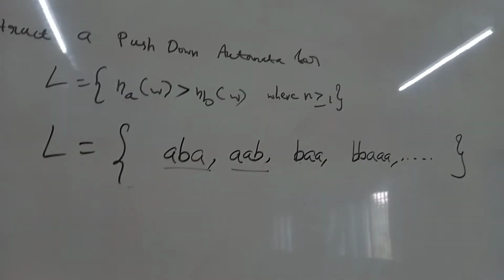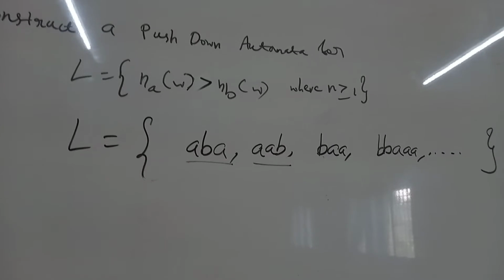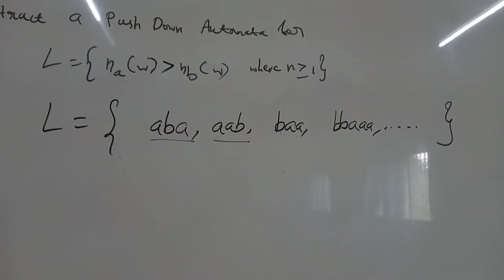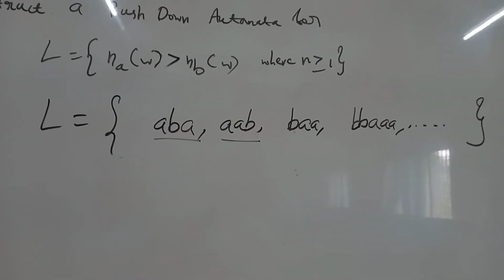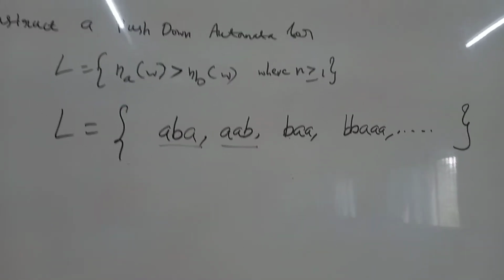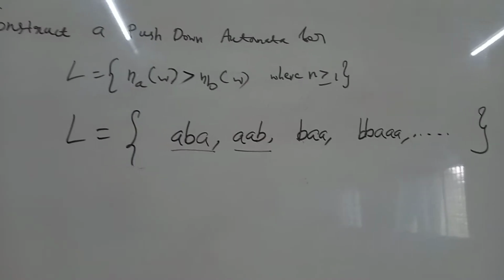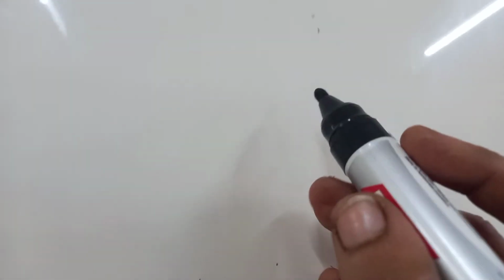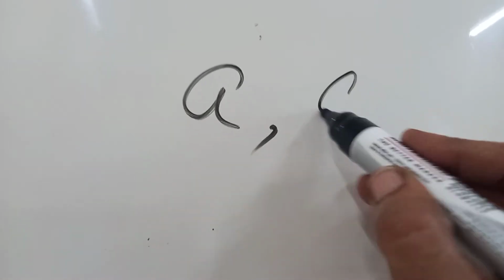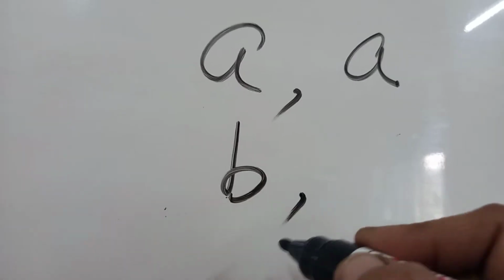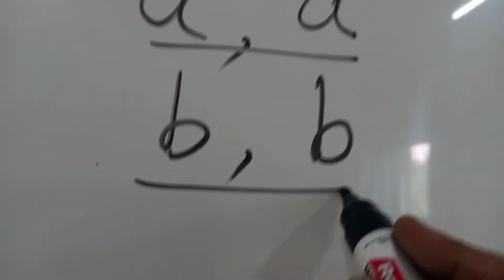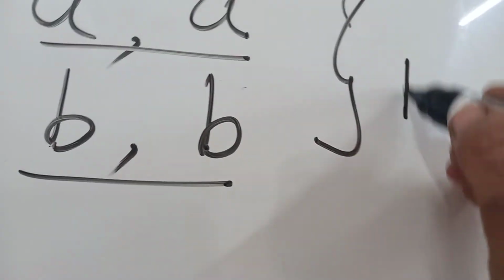In the earlier video we saw the pushdown automata where number of A's is equal to the number of B's, where the string can either start with an A or it can start with a B. Here also we are going to use the same logic. Okay, what is the logic? If the input symbol is A and top of the stack is A, if the input symbol is B and top of the stack is B, means if we have the same symbols, we perform the push operation.